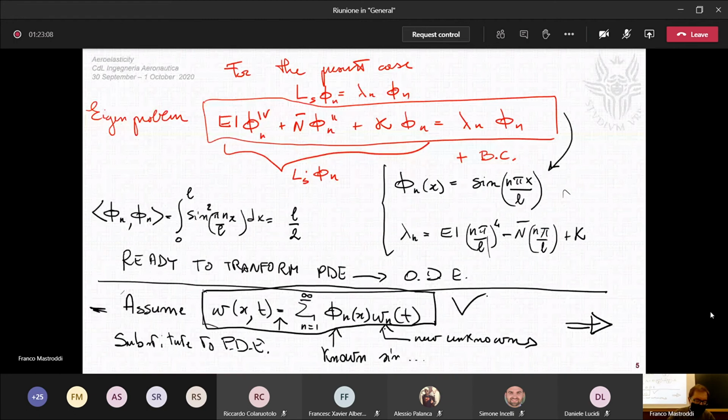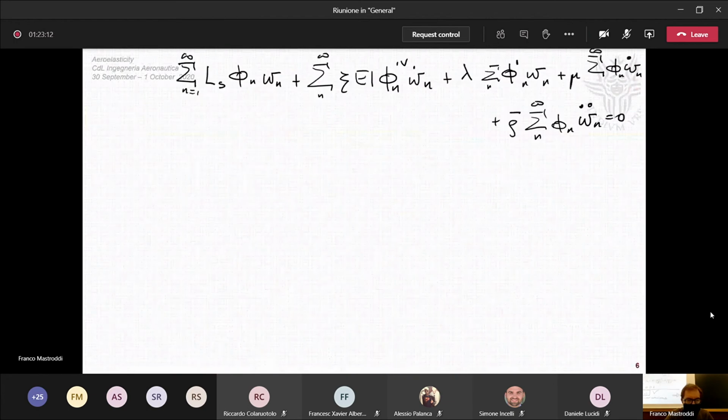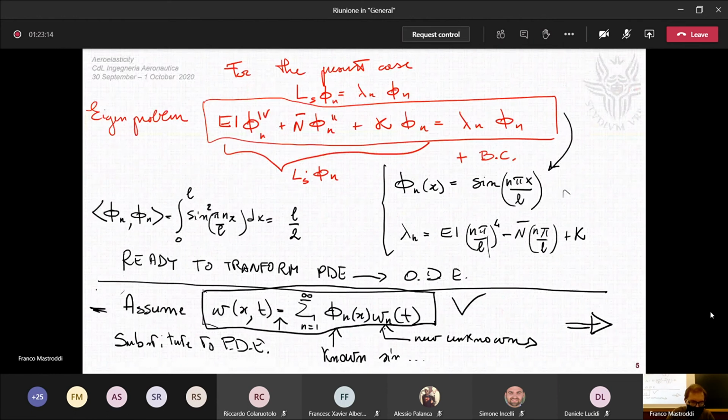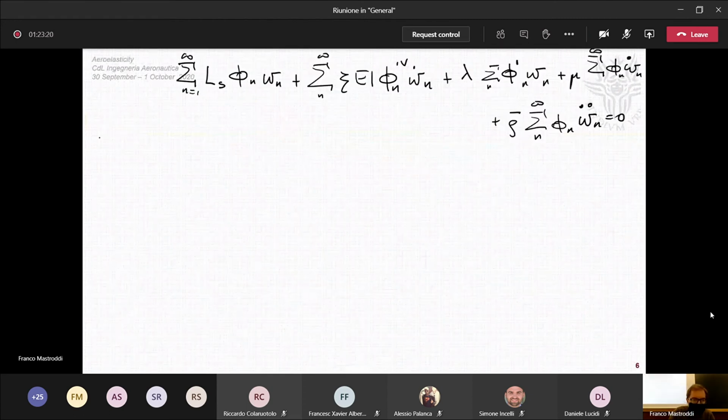Okay? And this is the first step of our procedure. Substitution. Assume this and put it inside the equation. Second part, and this is our new version of f of x equal to 0.